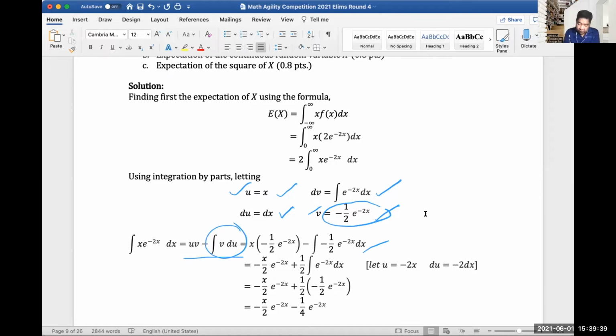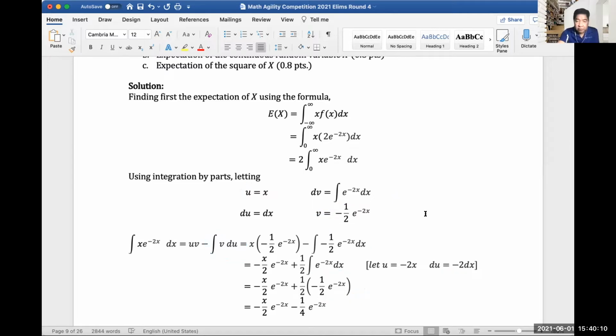Again, we let u equal negative 2x and du equal negative 2 dx by algebraic substitution, and you will get the integral of this expression here as 1 half quantity negative 1 half e to the negative 2x. And of course, we can simplify this. So this is the simplified form: negative x over 2 e to the negative 2x minus 1/4 e to the negative 2x.